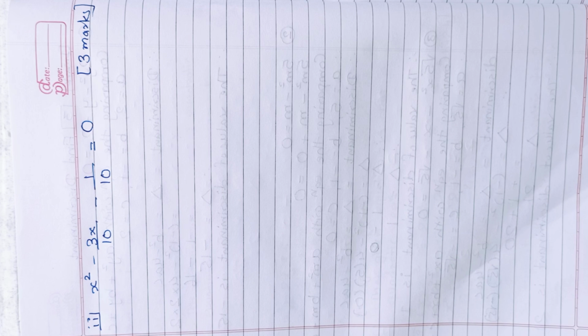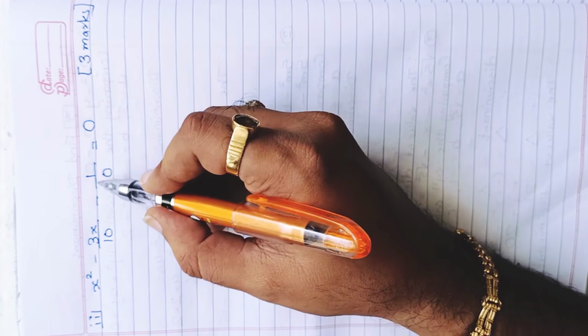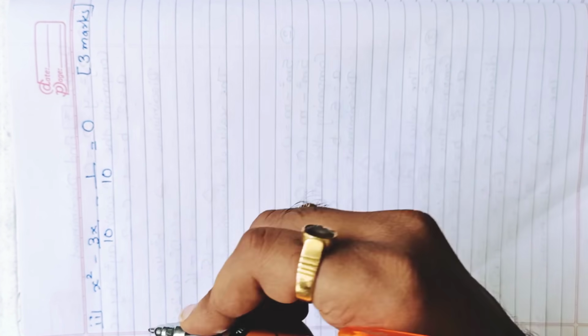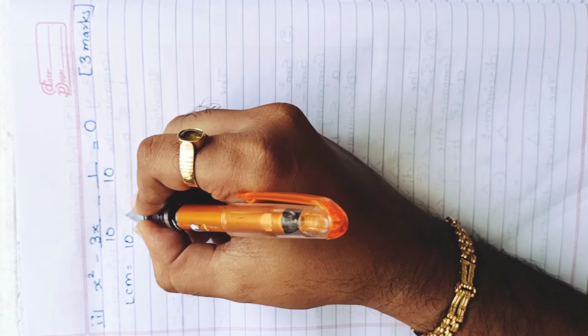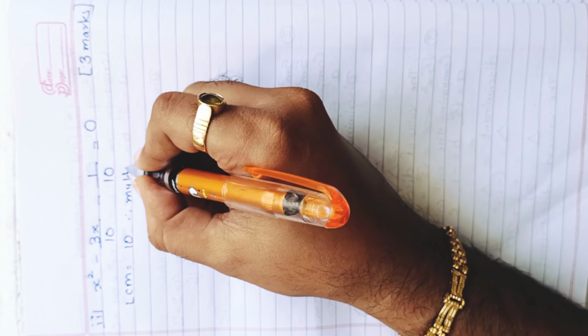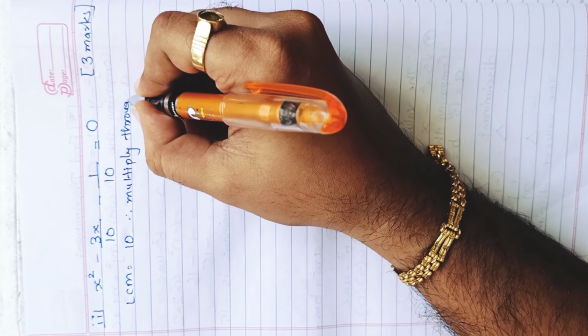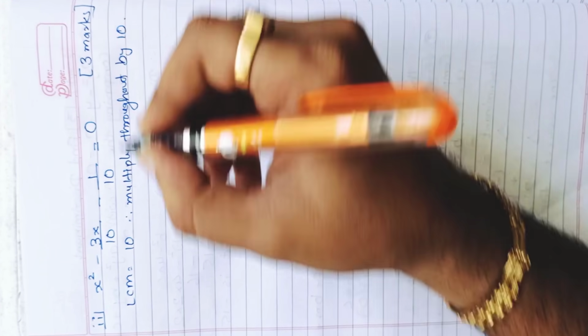Sum number 2. The new equation is x square minus 3 upon 10x minus 1 upon 10 equal to 0. It is of 3 marks. So as we know, the denominator is 10 and the question is in fraction form, so we have to take the LCM. The LCM definitely will be 10. Therefore multiply throughout by 10.